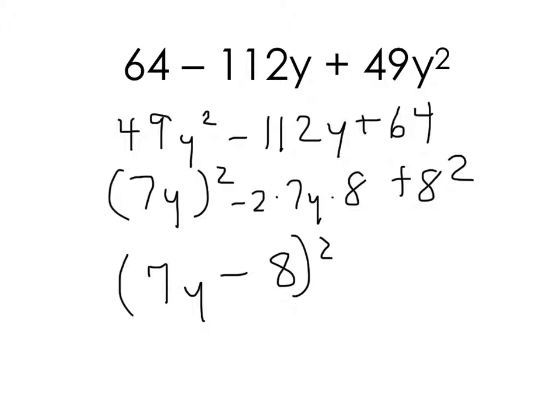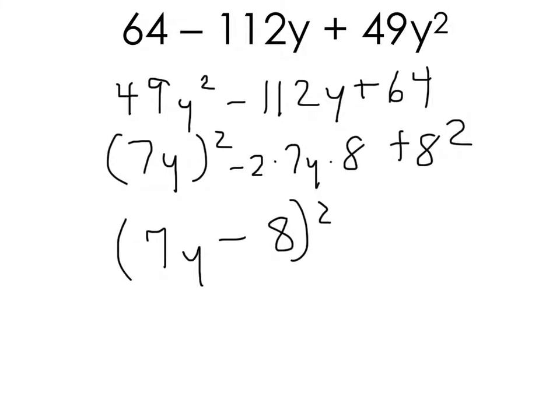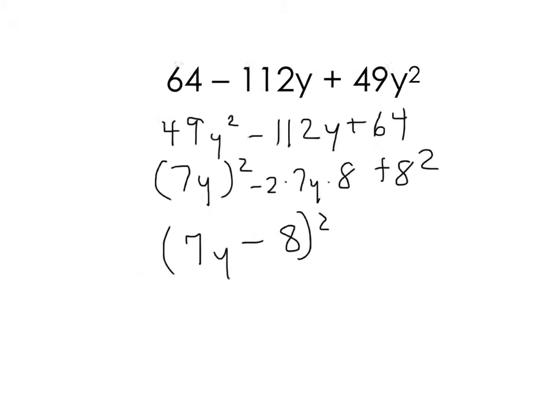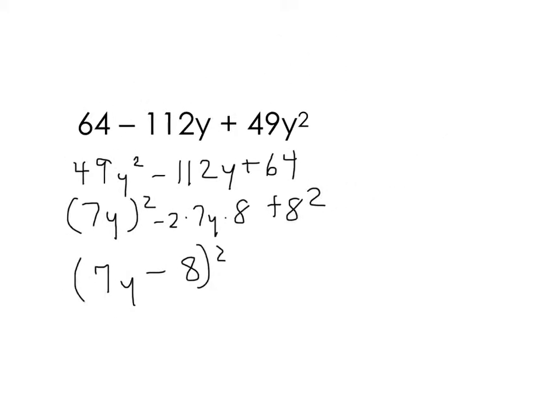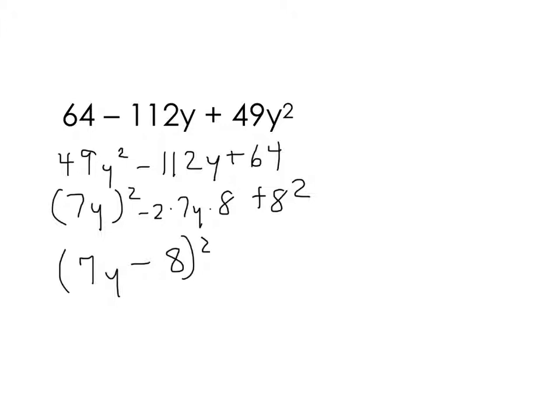Now, let's talk about this because this is tricky. Suppose I had not written the original problem in descending order. Suppose I'm sitting here looking at this problem and I just don't do that. And I get that this is 8 minus 7y squared. What do you think about that? Is that the same thing?